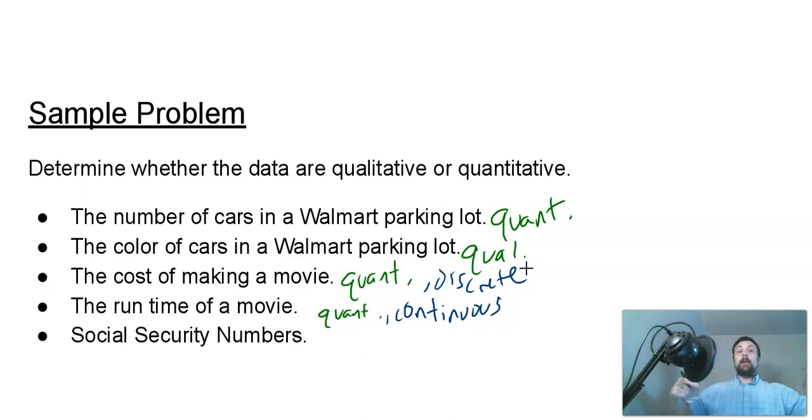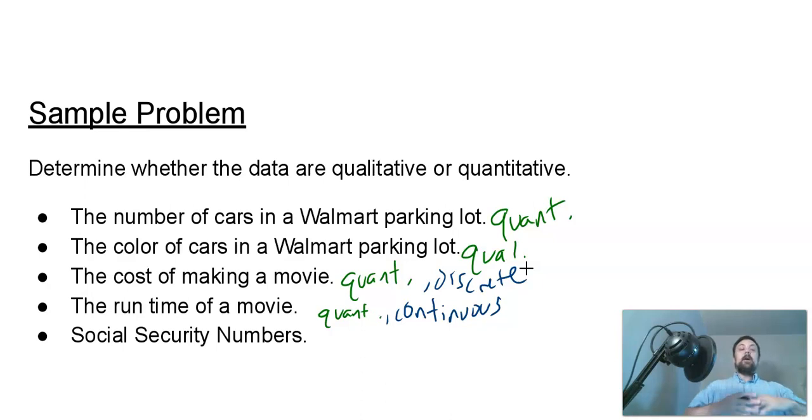But in theory, could you measure the runtime of a movie more precisely than that? Could you use some decimal places to say it's 1 hour and 52.3872 minutes? Yes, you could. If you wanted to measure the runtime to 5 decimal places, you could. You could measure it to 10 decimal places.